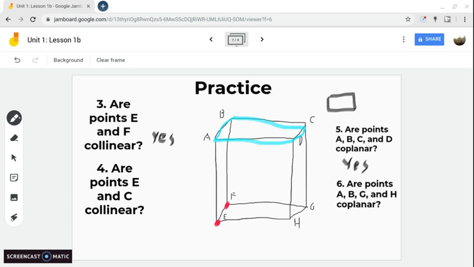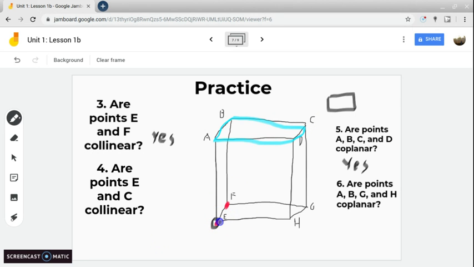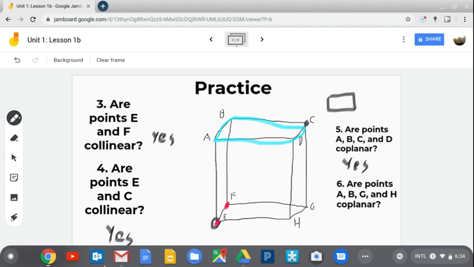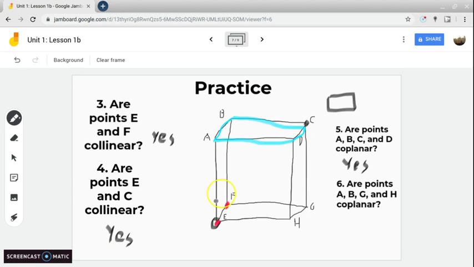Alright. If you just watched the other video, what was I talking about? I was talking about number 4 right here. Are points E and C collinear? This is E. This is C. The answer is yes. Well, why? Because they don't seem like they're on the same line, do they?